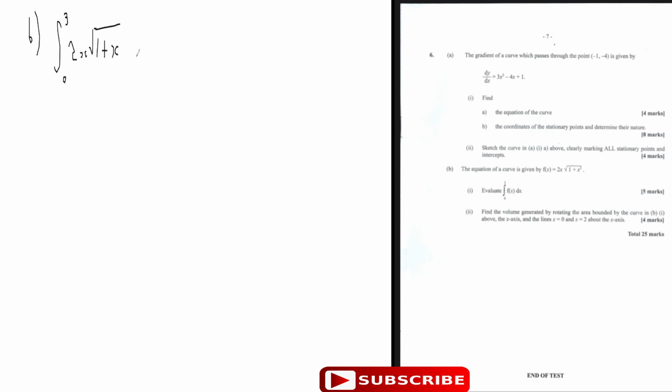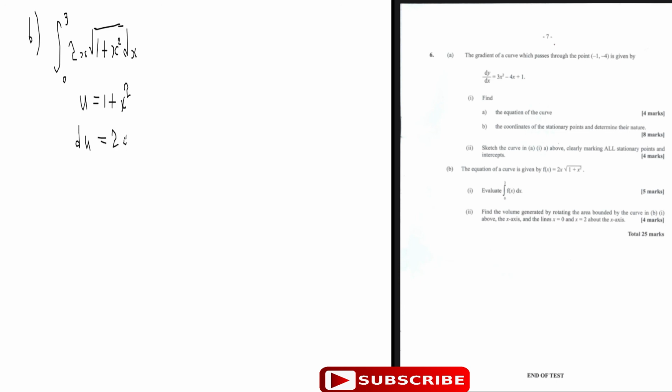Now to do this integral, you can use substitution. So you can call u equal to 1 plus x squared. If u is equal to 1 plus x squared, then du is going to be equal to 2x dx.